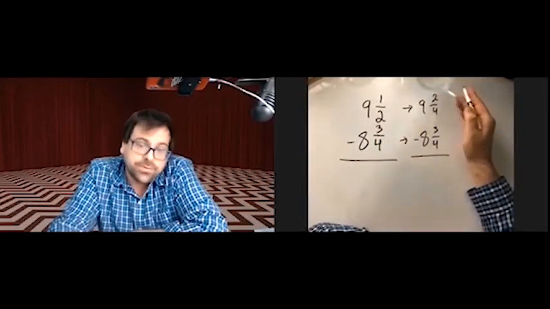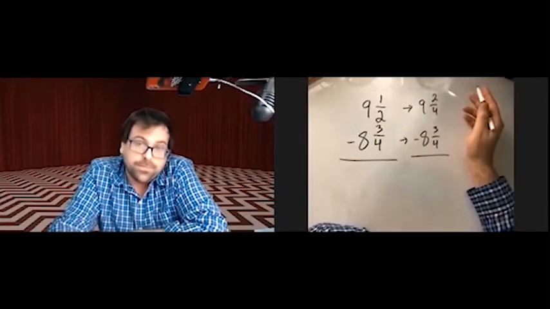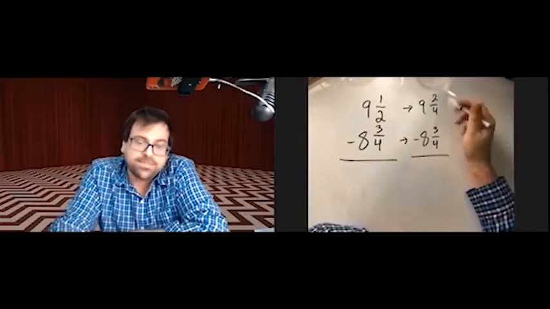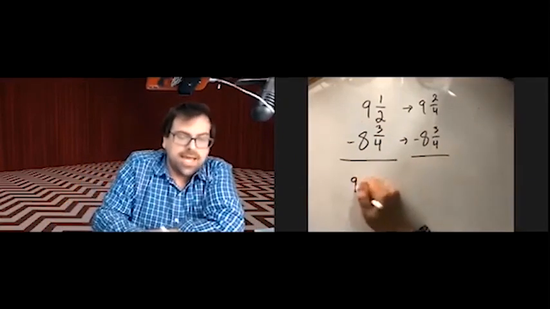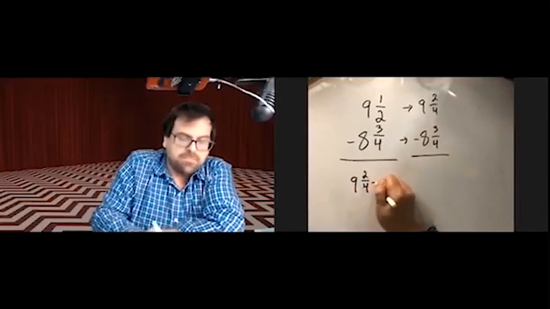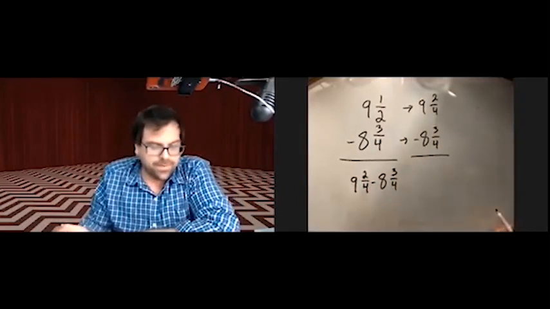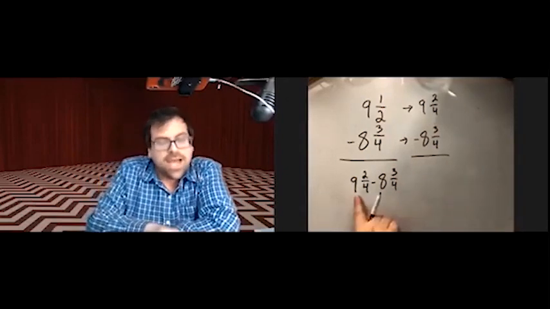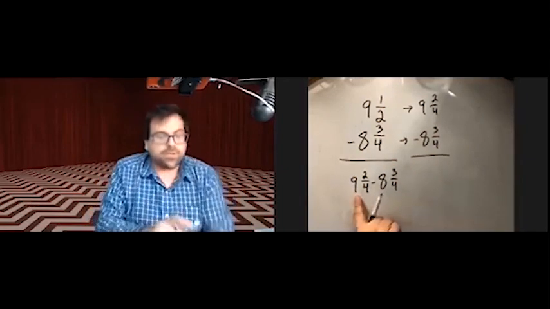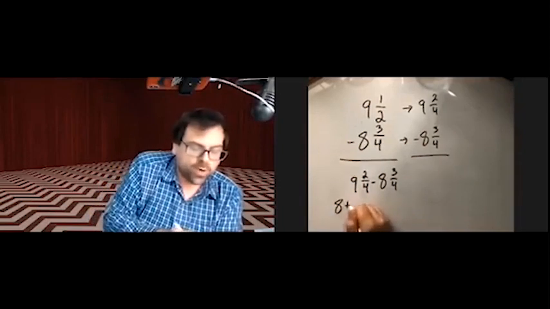What we can do is borrow. So if we look at this problem, 9 and 2 fourths minus 8 and 3 fourths, 9 can be rewritten as 8 plus 1.